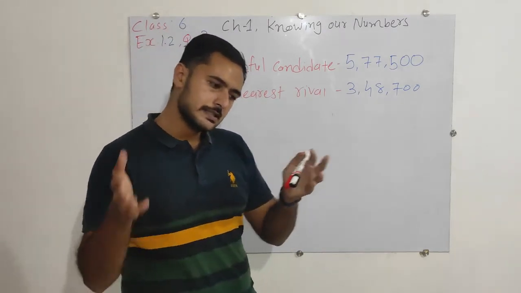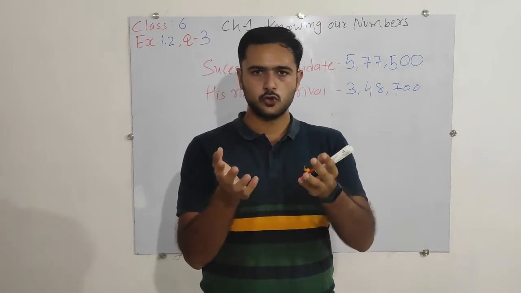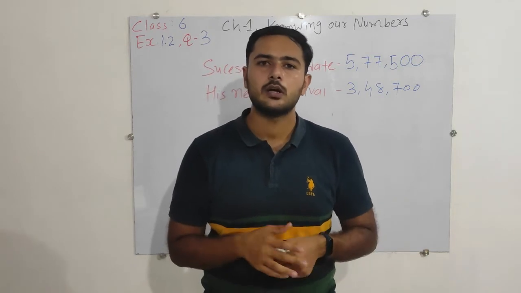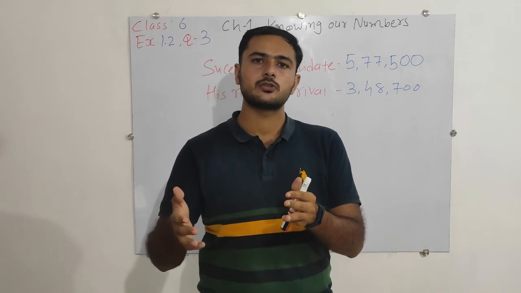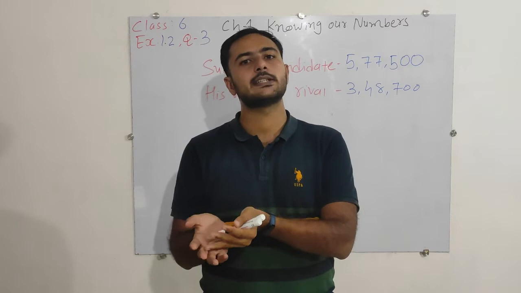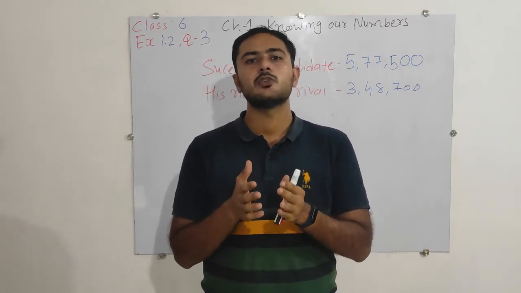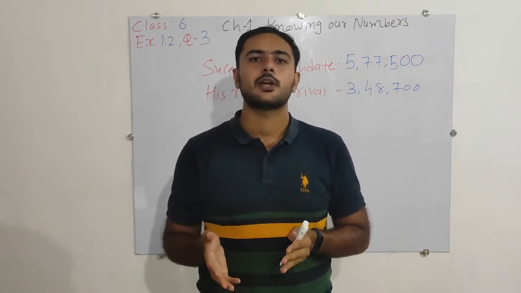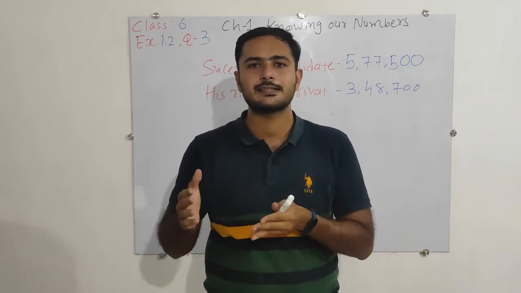Now, let's understand very simply. Suppose two persons are going for the election. One person got 10 votes and another person got 6 votes. So who will win? Of course, the one who got 10. Now tell me, by how many votes did that person win? That is 4, because 10 minus 6 is 4.